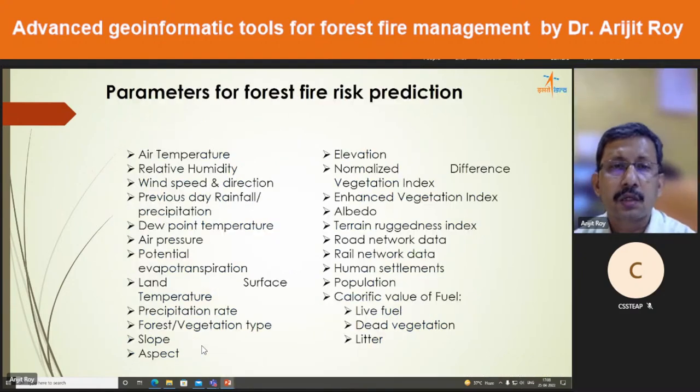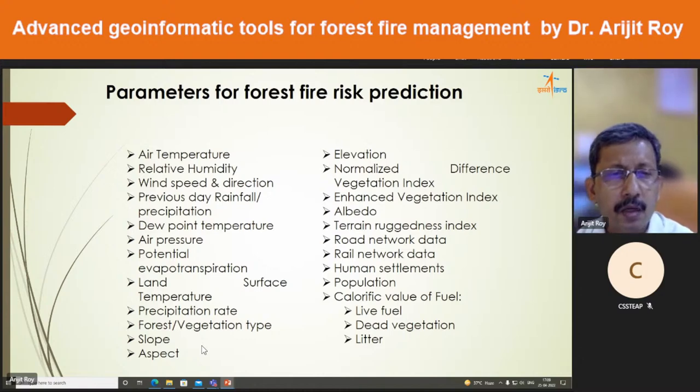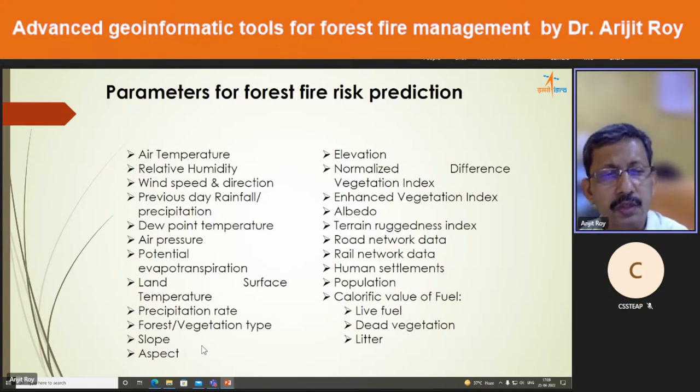And the parameters which are used for this particular index are the weather conditions like air temperature, relative humidity, wind speed and direction, previous day's rainfall, precipitation, the dew point temperature, the potential evapotranspiration, the land surface temperature, the entire gamut.